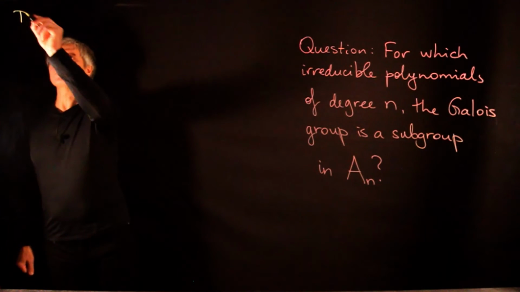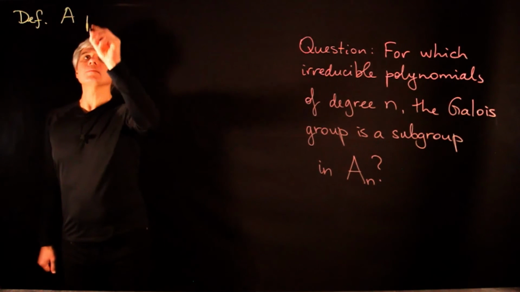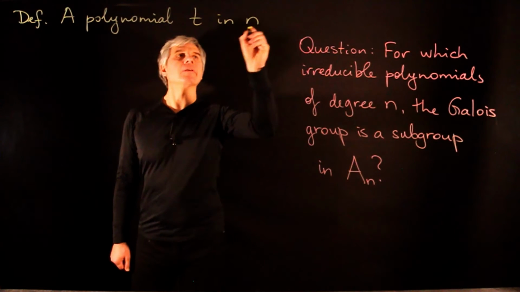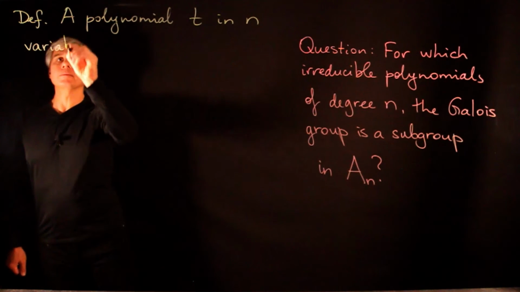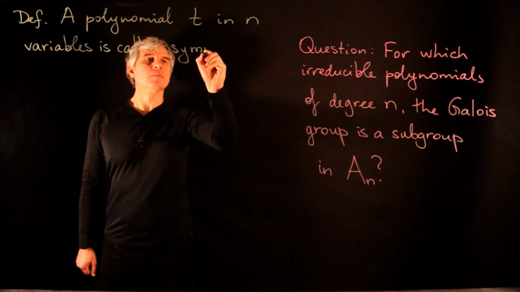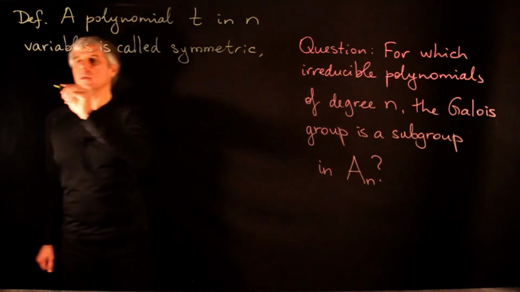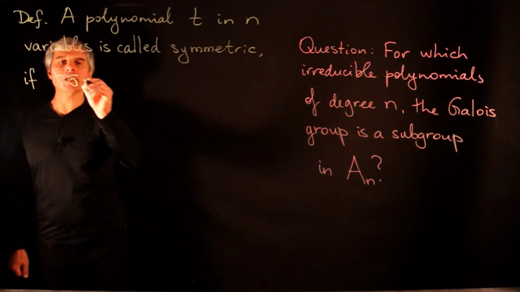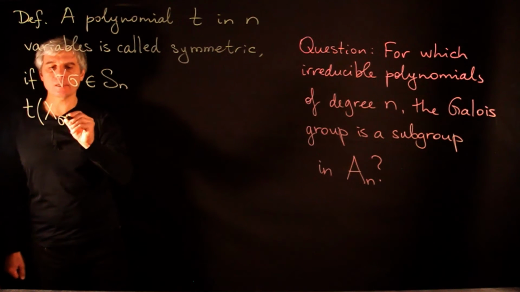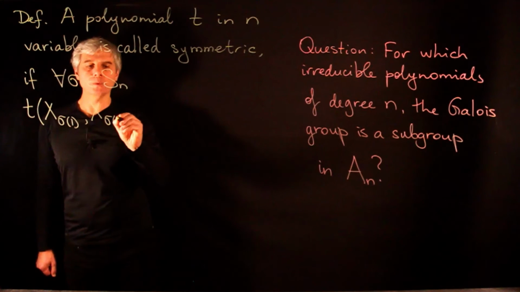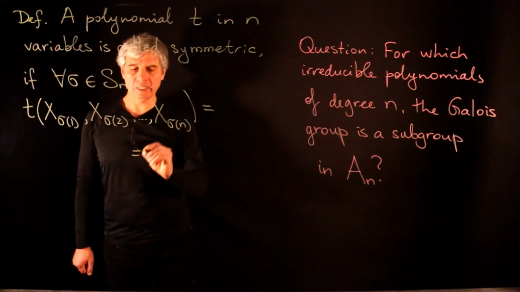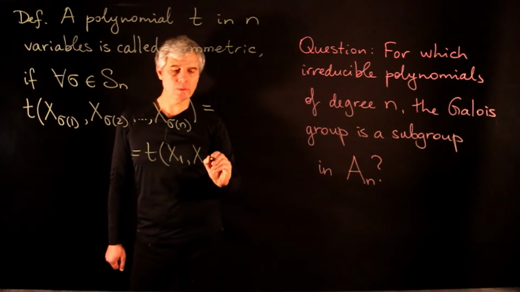We give the following definition. A polynomial T in n variables is called symmetric if for every permutation sigma in Sn we have that T of x sigma 1, x sigma 2, ..., x sigma n is equal to T of x1, x2, ..., xn.